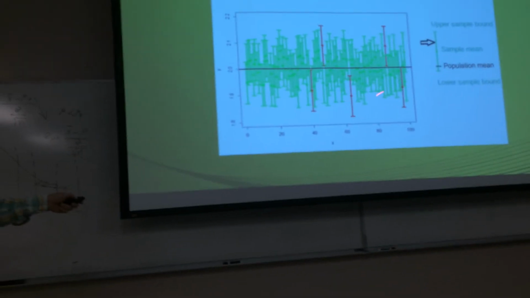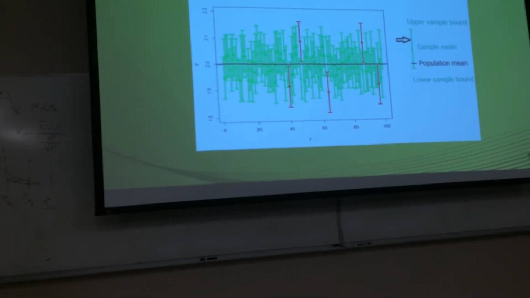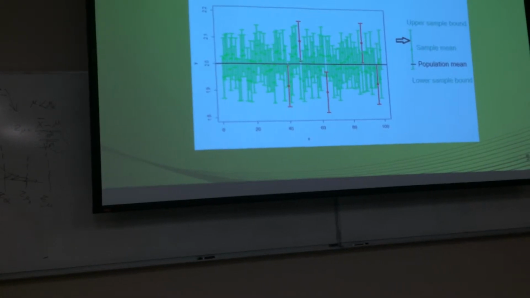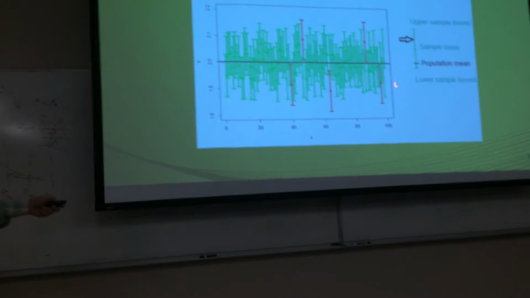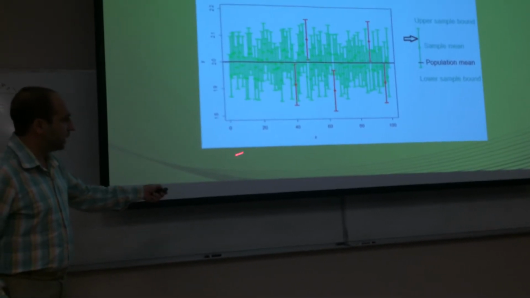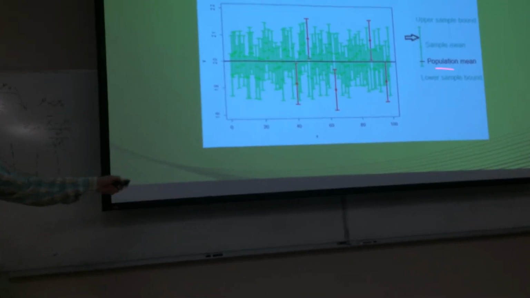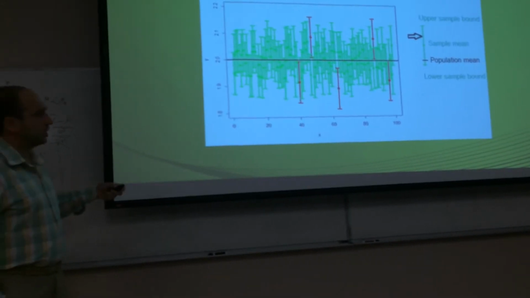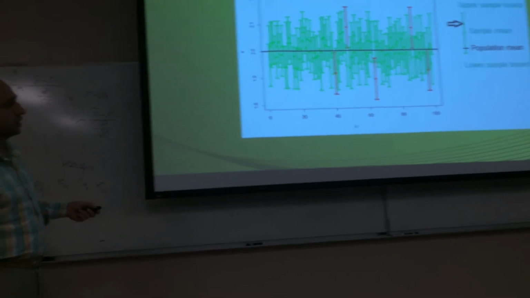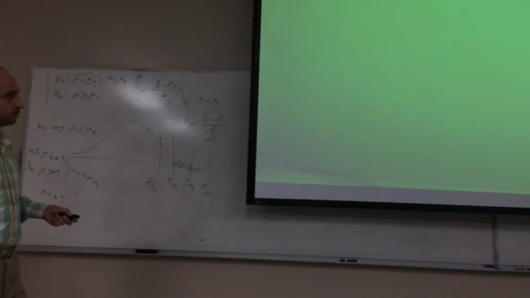The red lines are the samples which did not include the population mean, and if you see, we did 100 trials and there are 5 samples that don't have the population mean.